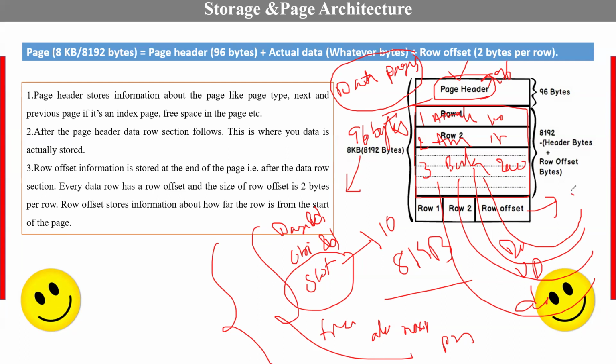Row offset size is 2 bytes. All your data goes from the footer, and it stores the row object ID information for reference. The remaining 8,092 bytes will be stored in the data rows. So this is how your page architecture looks.